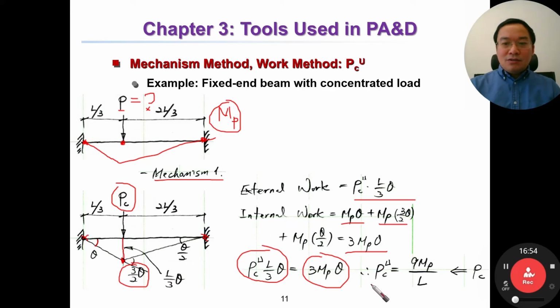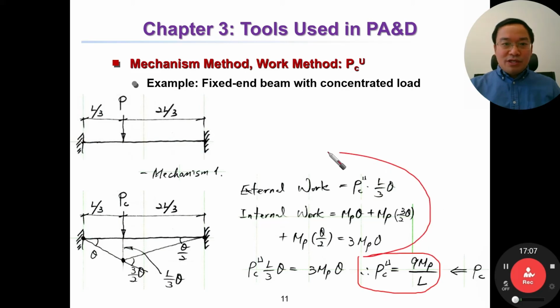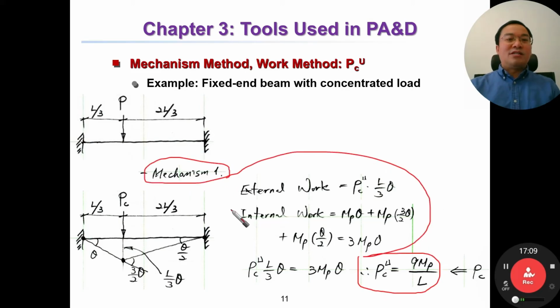The solution corresponding to this mechanism is 9 MP over L. So the solution corresponding to this mechanism is PC equal to 9 MP over L. This is the correct solution because we know it is the correct mechanism. Because it is a simple problem, no problem.